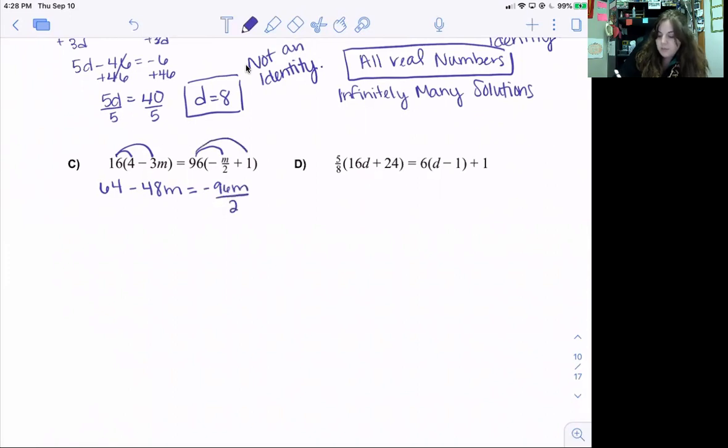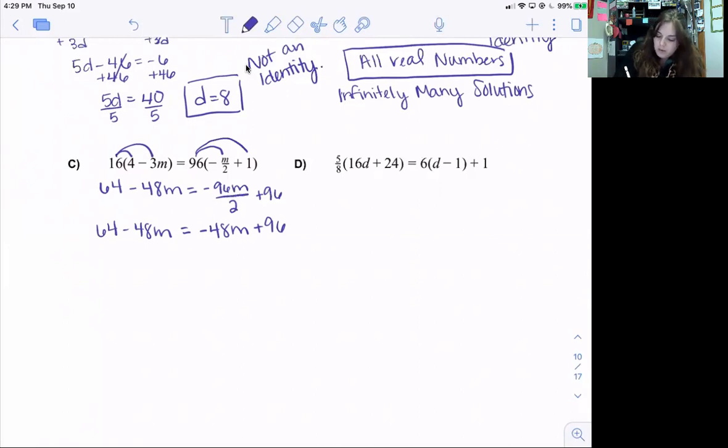And 96 times 1 is 96. So if we divide negative 96 by 2, we have 64 minus 48m equals negative 48m plus 96. So notice both sides are very similar.